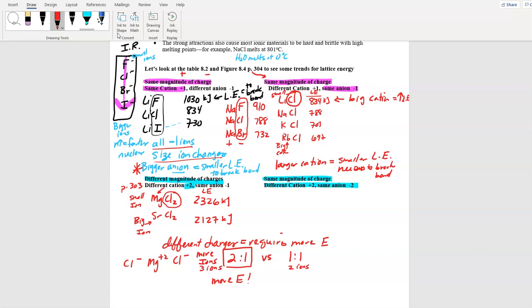So what if I now have my ratio 2-to-2? I now have 4 ions, where over here I had 3 ions. Let's see what's going to happen to energy. So if I look at page 303, let's look at these ones: magnesium oxide, calcium oxide, strontium oxide.